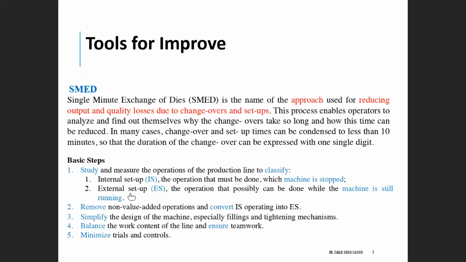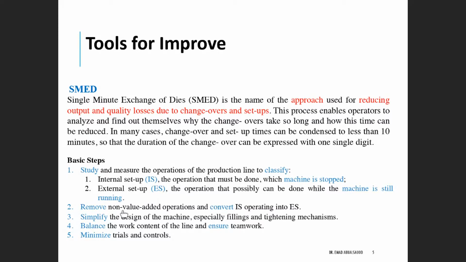So the concept of the SMED approach is to convert all possible IS into ES. All operations that would be done while the machine is stopped should be changed to external setup so they can be done while the machine is working. As much as you can convert from IS to ES, as much you can improve your productivity and your output in terms of the production quantity.